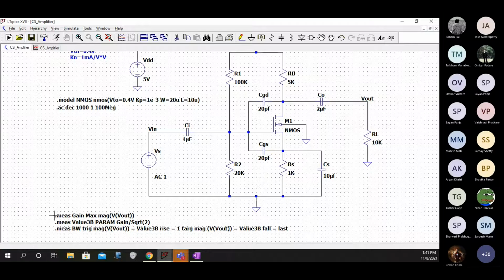So these are the commands to measure the gain automatically.